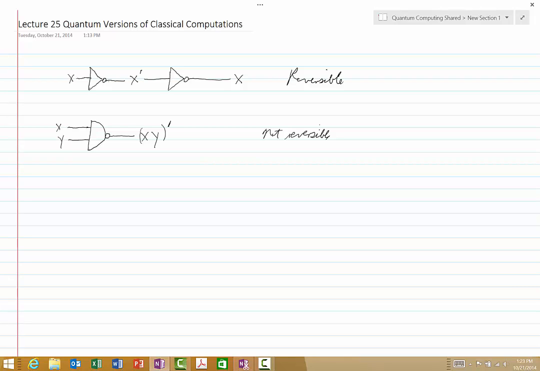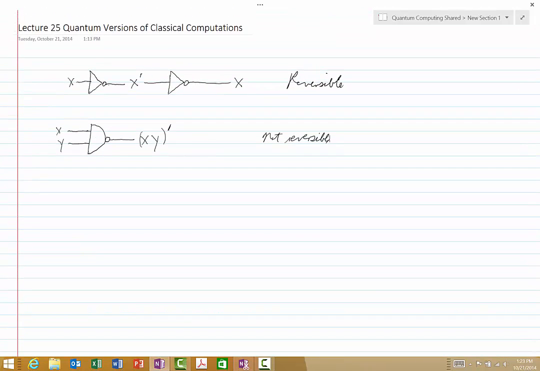And one of the things that we want to talk about in this chapter is how to get reversible versions of the classical gates, and then to find quantum analogs to these, because once we get reversible versions of the classical gates, then it will be easy for us to implement classical circuits in the quantum realm.